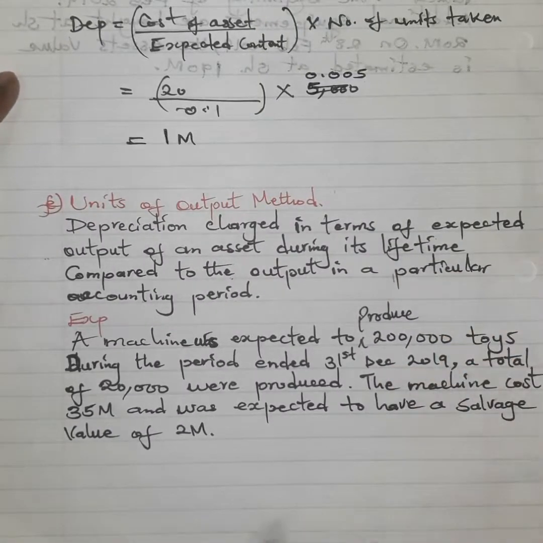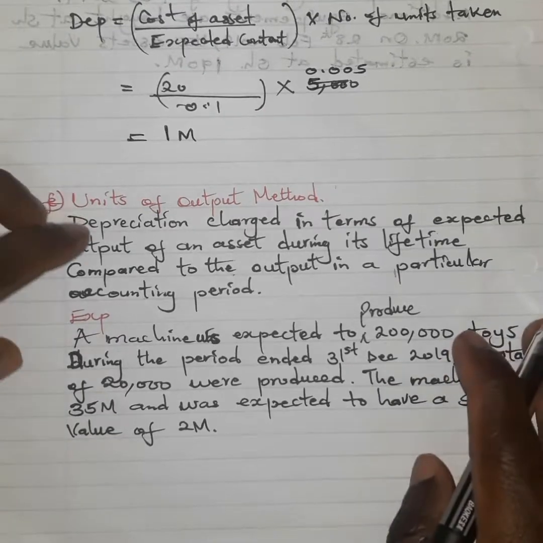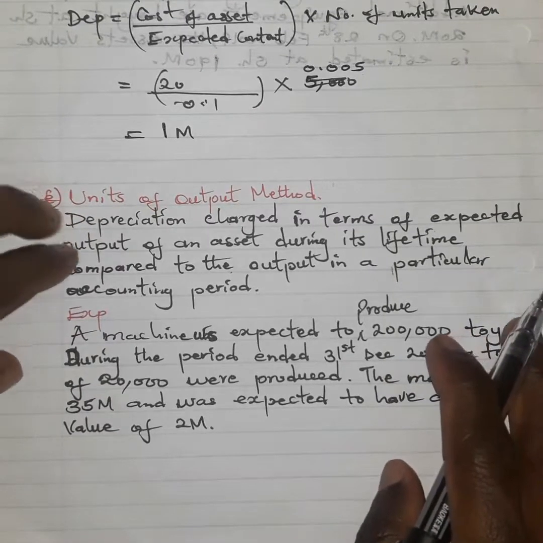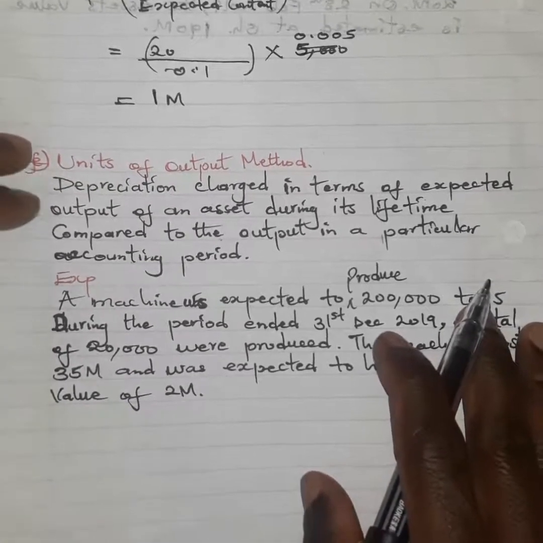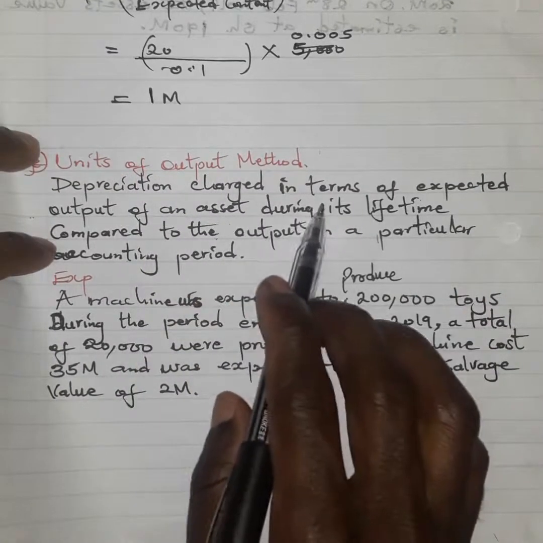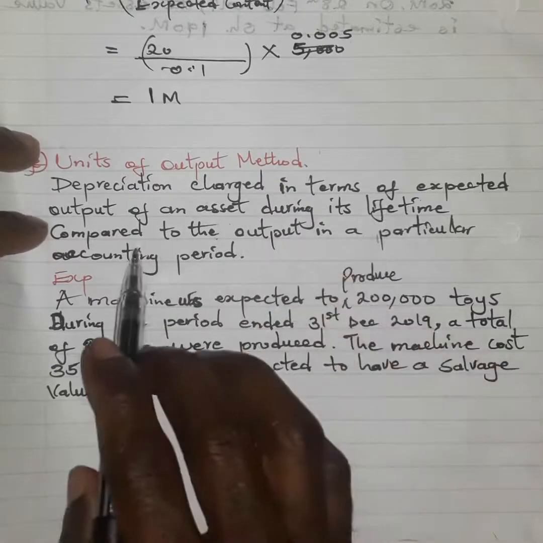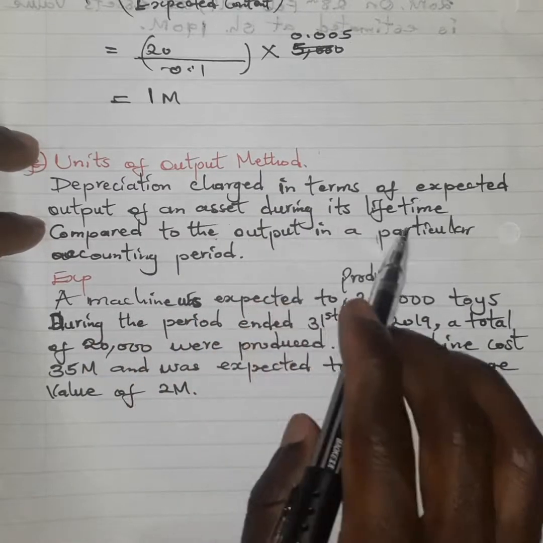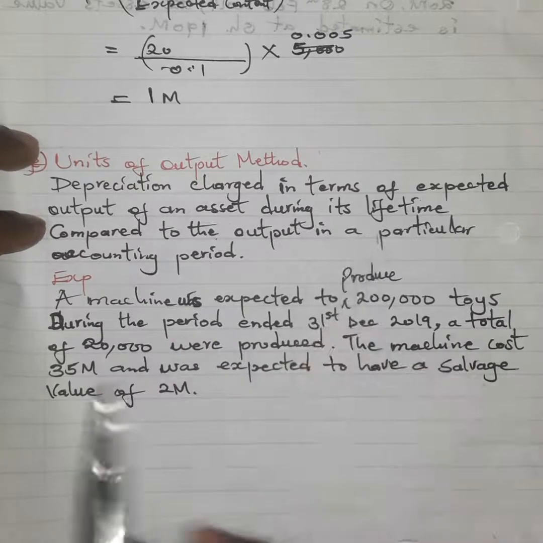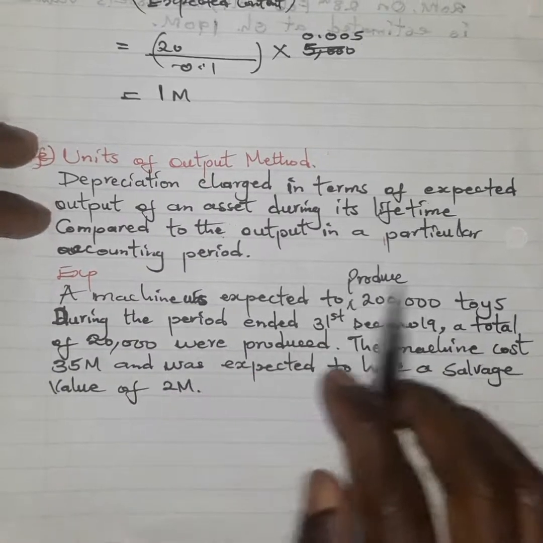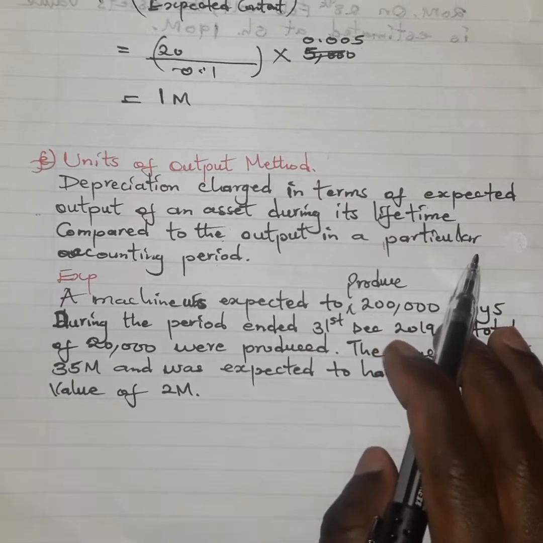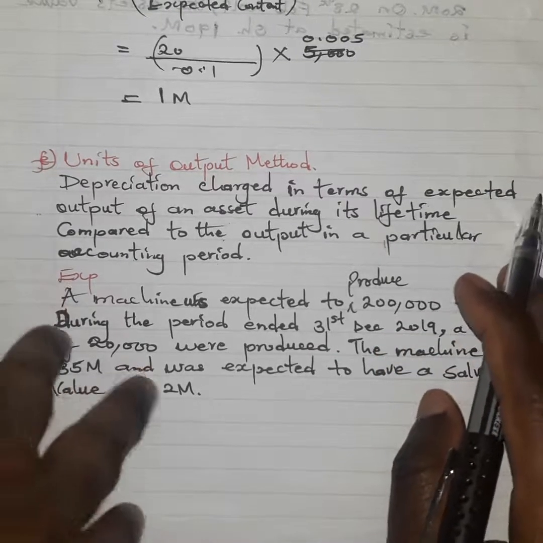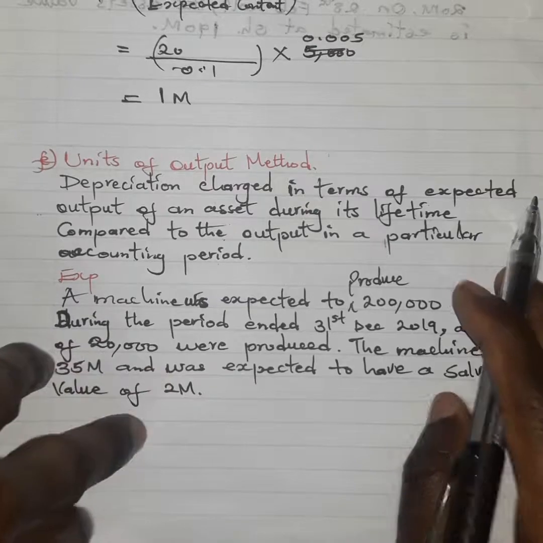Now under this particular method, depreciation is charged in terms of the expected output of an asset during its lifetime compared to the output in a particular accounting period. So we are comparing what's expected from this asset with a particular accounting period.